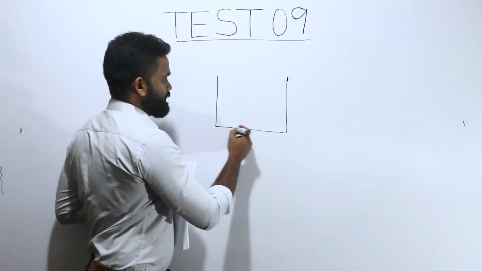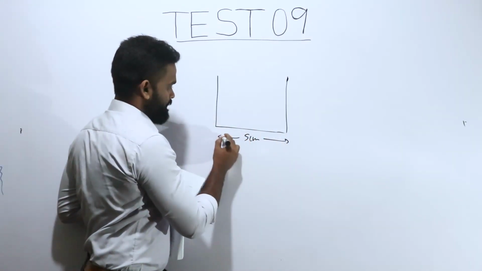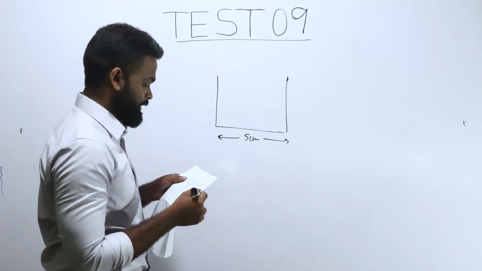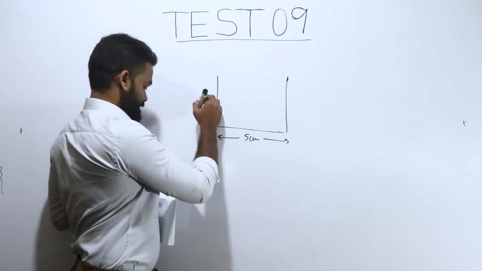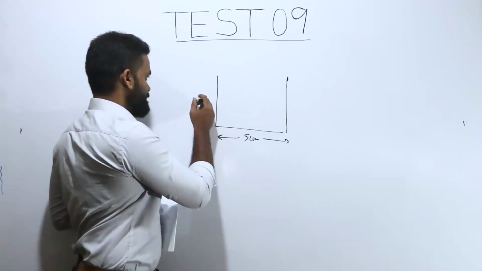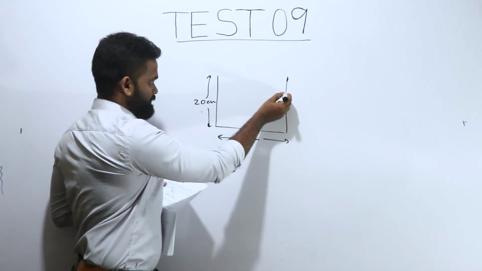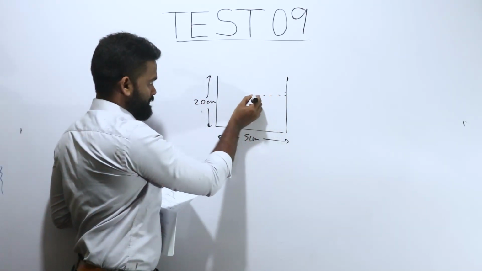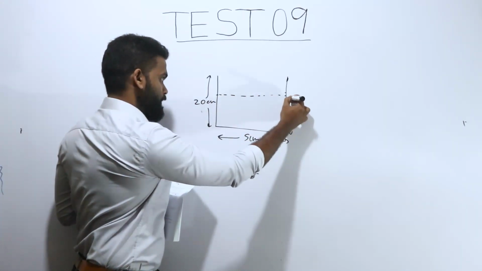The diameter of the beaker is given as 5 centimeters. Then the height of the beaker is 20 centimeters. Then there's a water level, at a height of 12 centimeters.